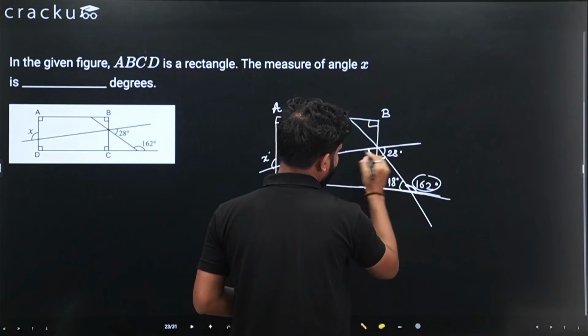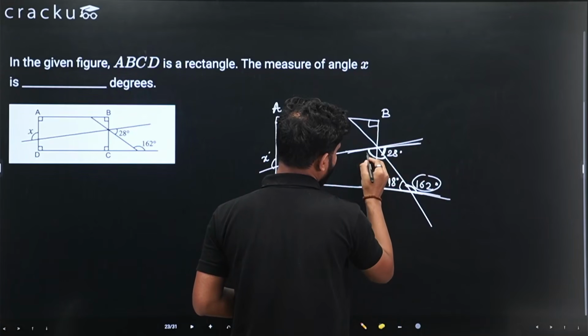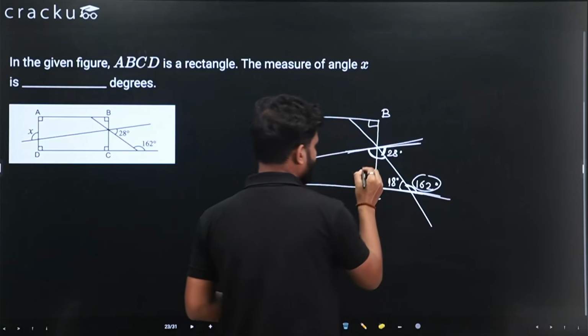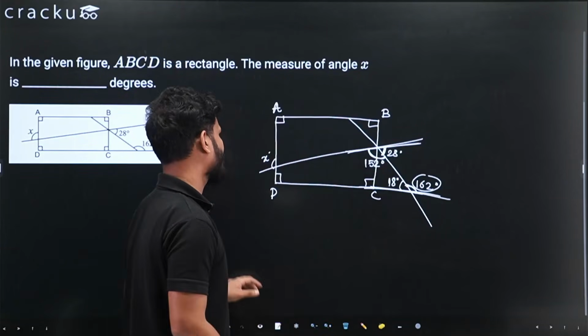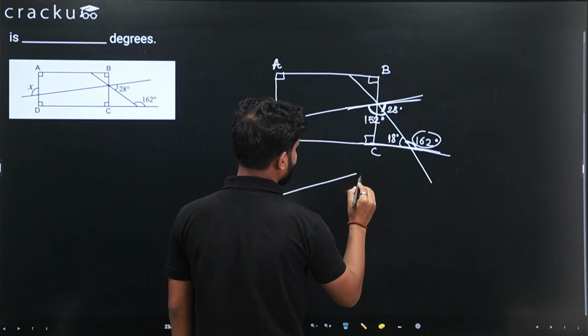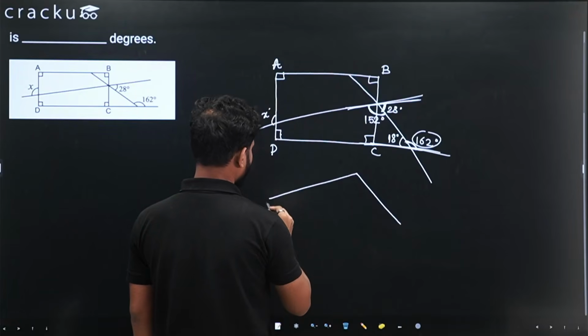This is a straight line. This is a straight line. This one is 28 degrees. So this will be 180 minus 28 degrees, which is 152 degrees, correct? This is 90 degrees. So let us draw this first, right?